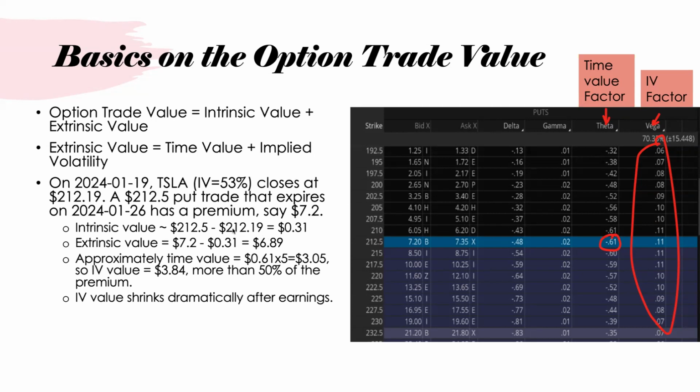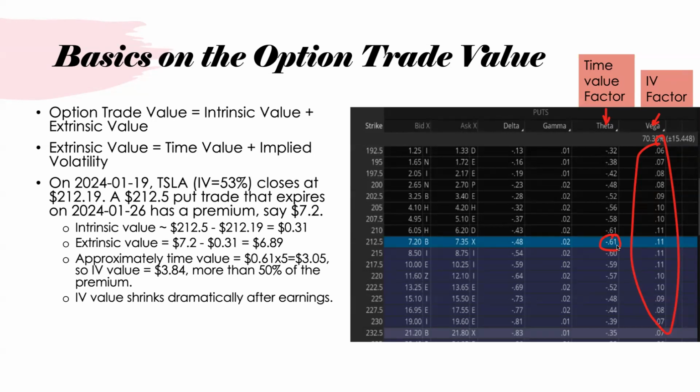So the intrinsic value is 31 cents. That will get us an extrinsic value of $6.89. And we have an approximate way to calculate the time value. The theta time value factor shows here it's 0.61, that is 61 cents.